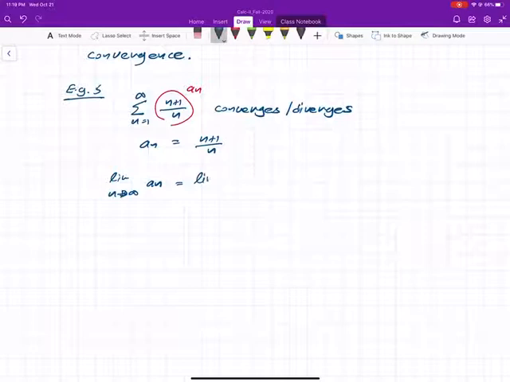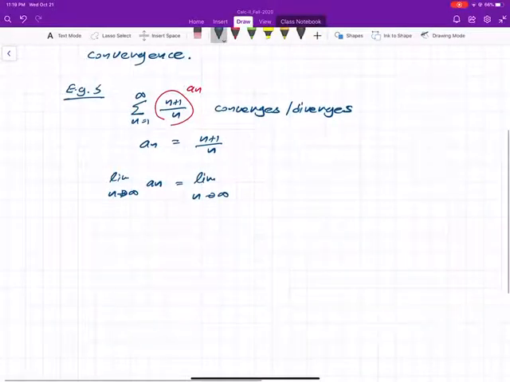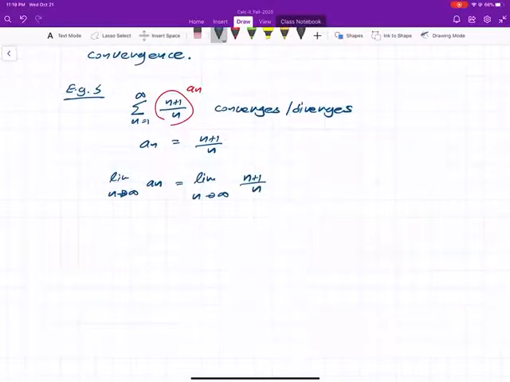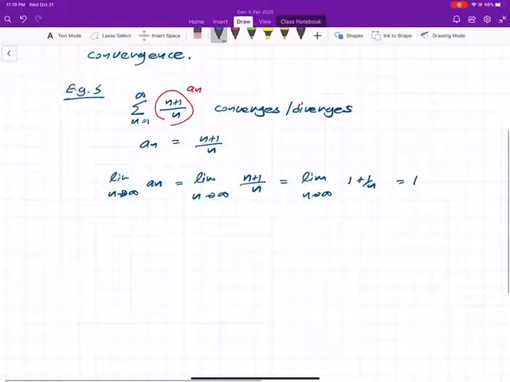This equals limit n goes to infinity, n plus 1 over n, equals limit n goes to infinity 1 plus 1 over n. When n goes to infinity, this will become just 1.